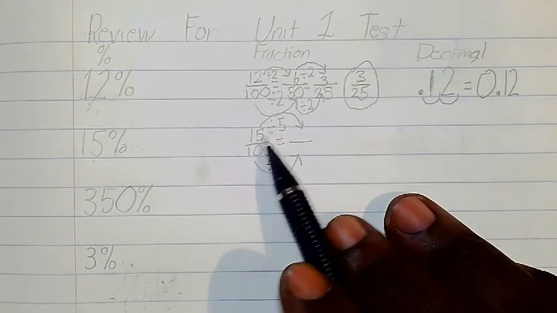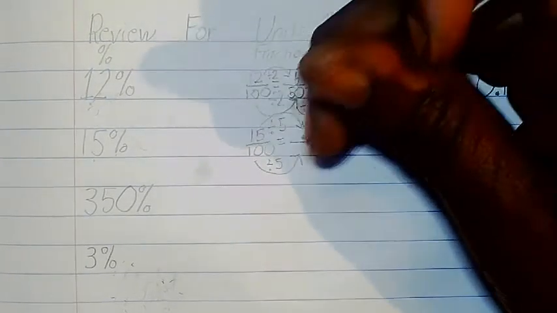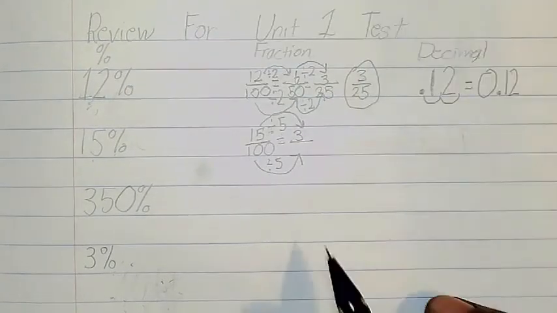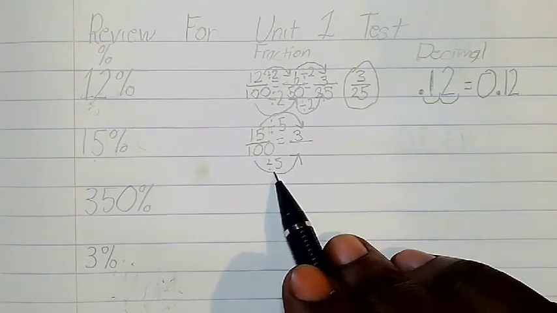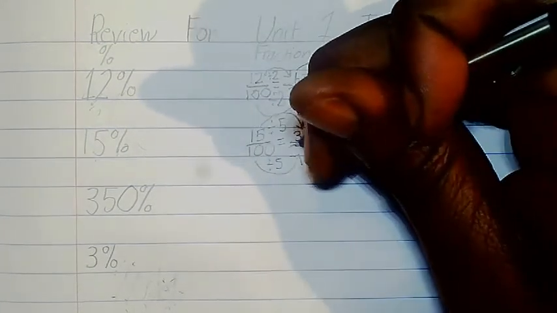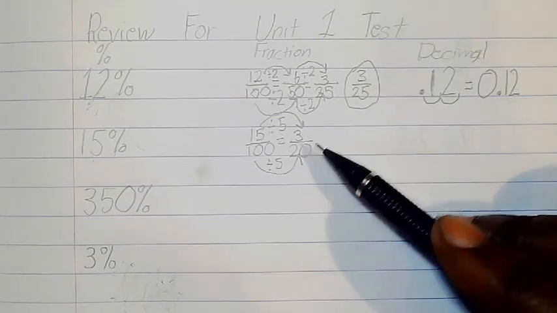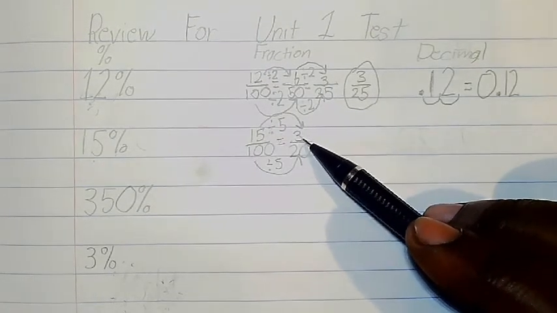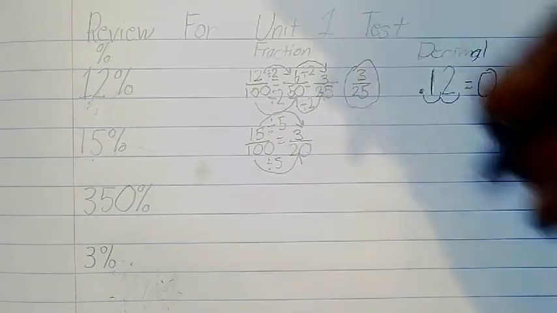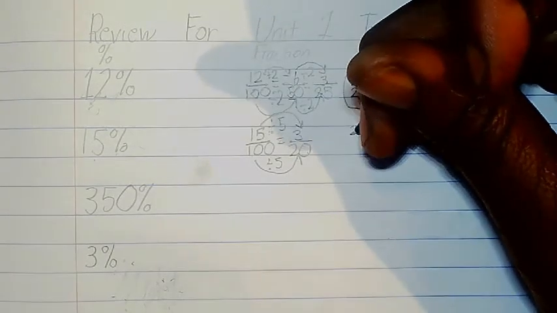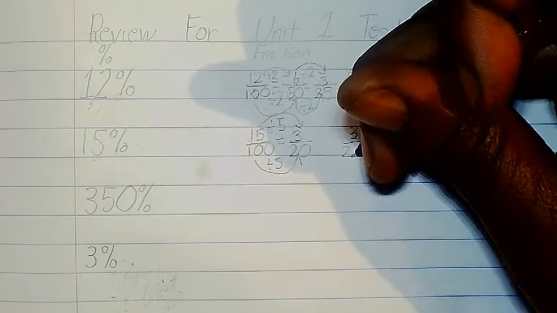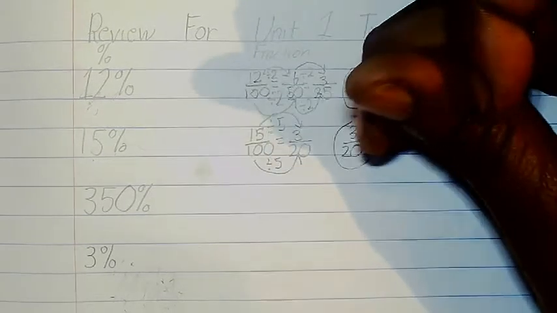Of course, 15 divided by 5 gives us 3, and 100 divided by 5 gives us 20. There is no other factor that relates 3 and 20, so 3/20 is my final answer.